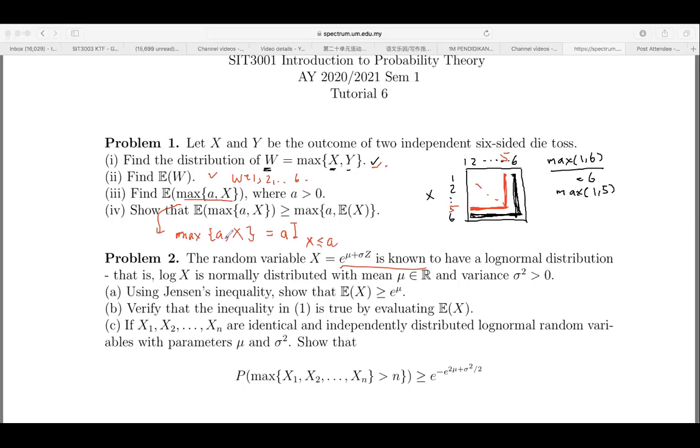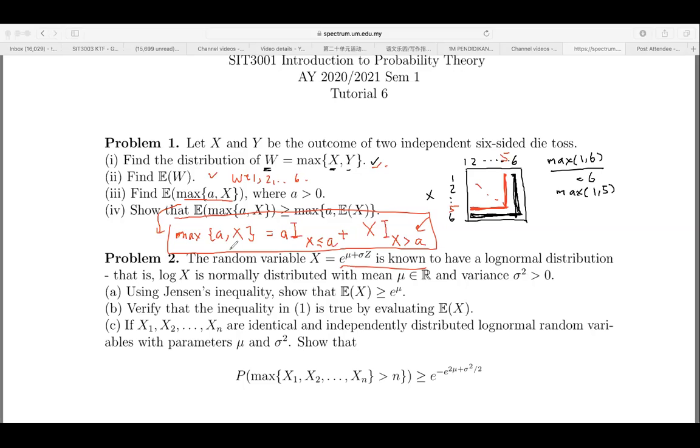Because it's taking the max, yeah? So this is an indicator function. Otherwise, you will take X if your X is larger than A. Right? So over here, I've already given you a hint. If you write your max as the following, then this is easy to evaluate, okay?